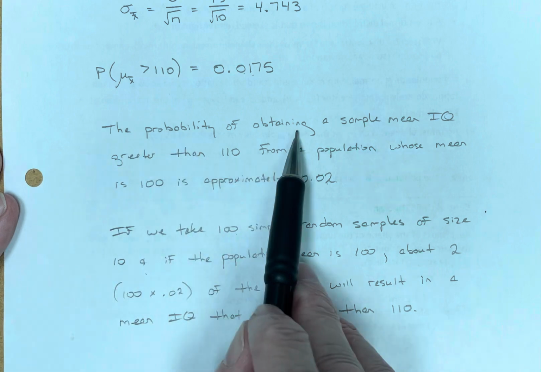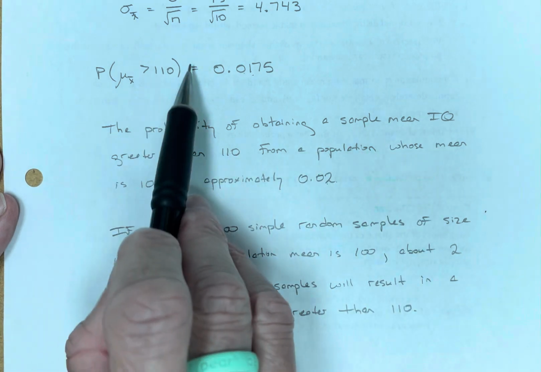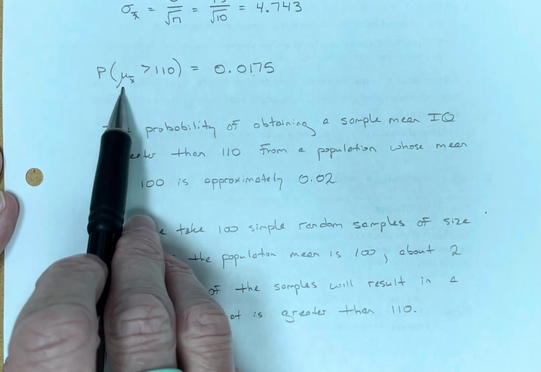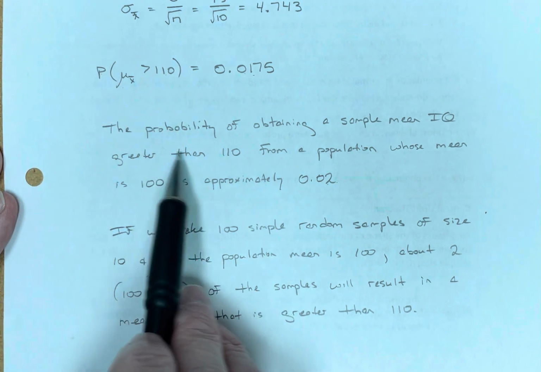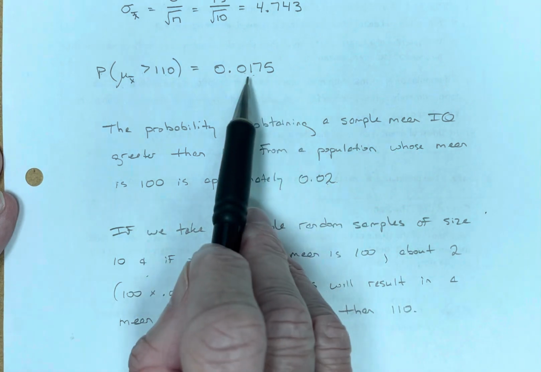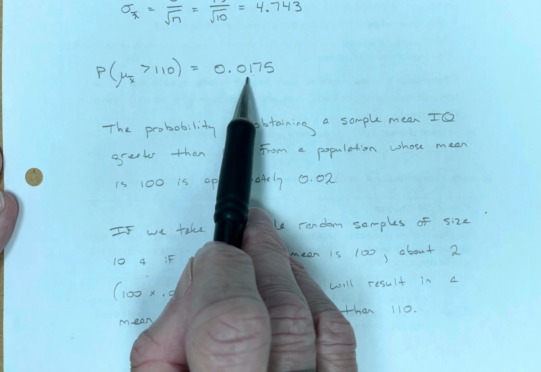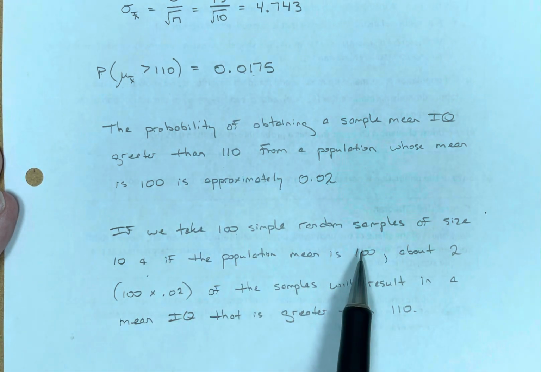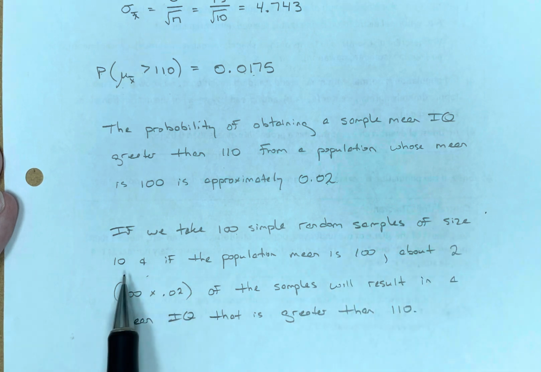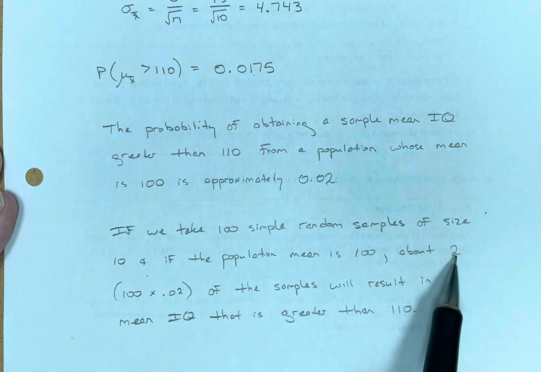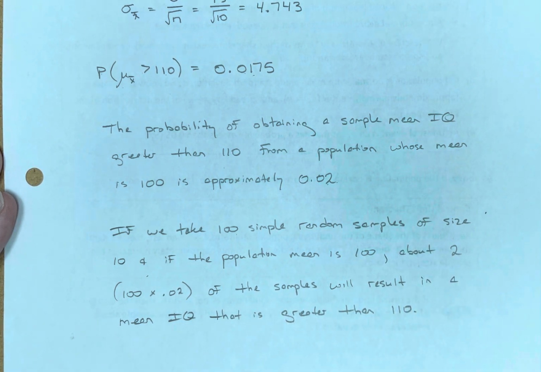Speaking to this in English, the probability of a sample mean IQ greater than 110 from a population whose mean is 100 is approximately 0.02, rounded to 2 decimal places. So if we do this 100 times, with samples of size 10, and the population mean is 100, then we can expect that about 2 of the samples will result in a mean IQ that is greater than 110.